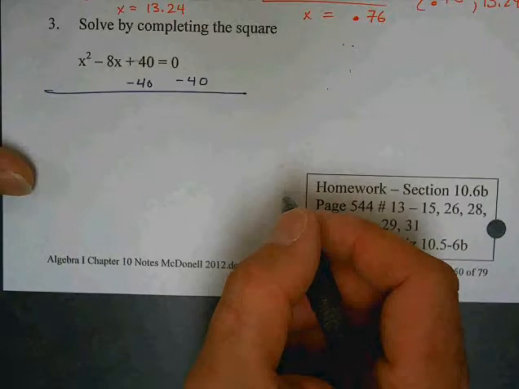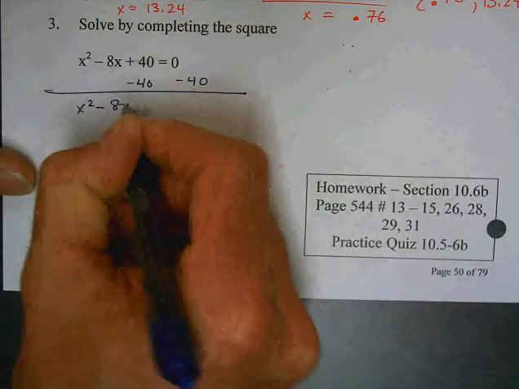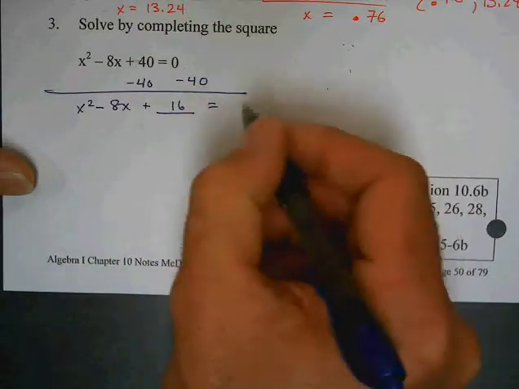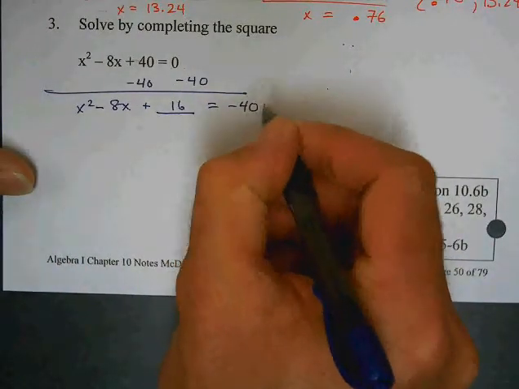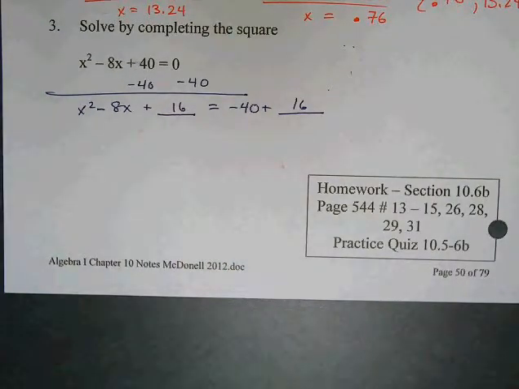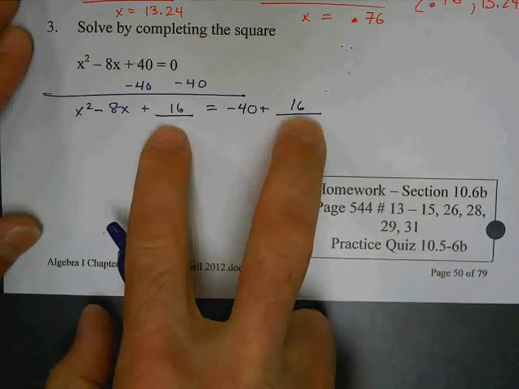It's going to be x squared minus 8x plus 16 equals negative 40 plus 16. Can you explain how you got the 16s? I divided negative 8 by 2, and that got me negative 4. Okay. Negative 4 squared is 16. All right. Very good.